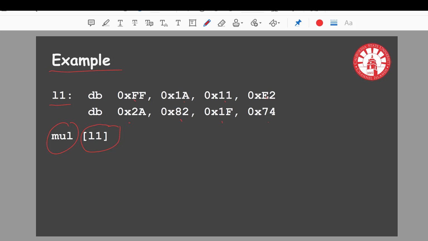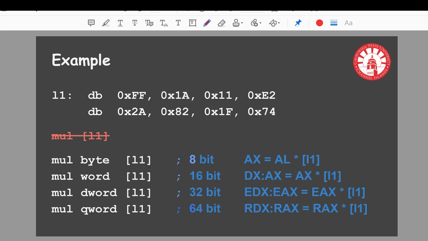Since L1 could have 8-bit, 16-bit, 32-bit, and also 64-bit length, this command needs some extra information to be understood by the compiler. Therefore, you cannot use mul L1 simply. You have to tell the compiler the length of the word or the data that is stored in L1 that you want to use.